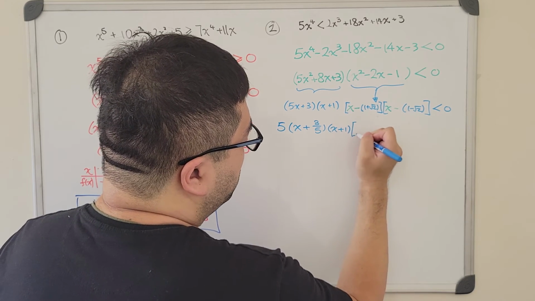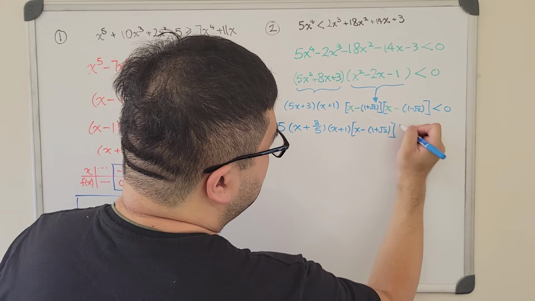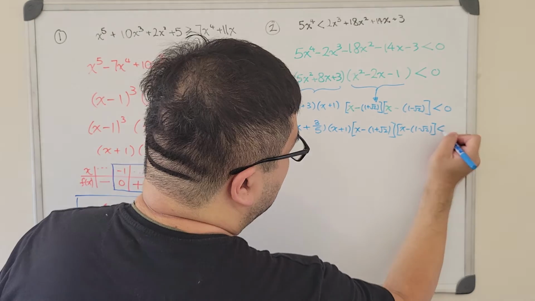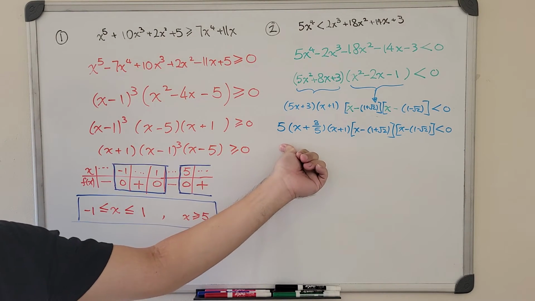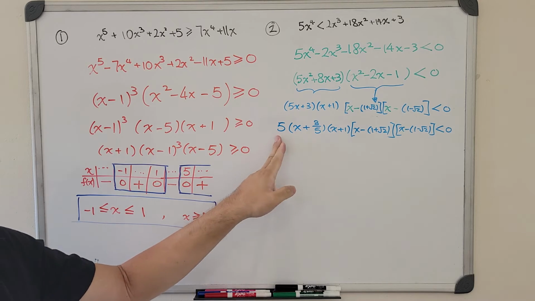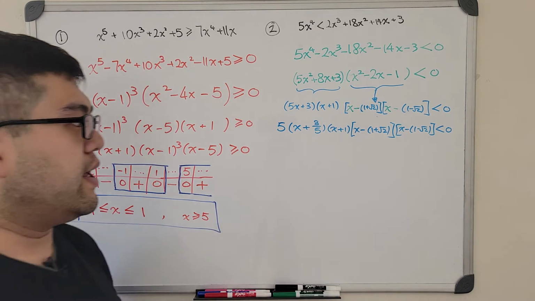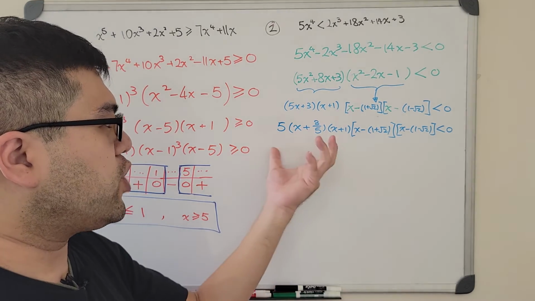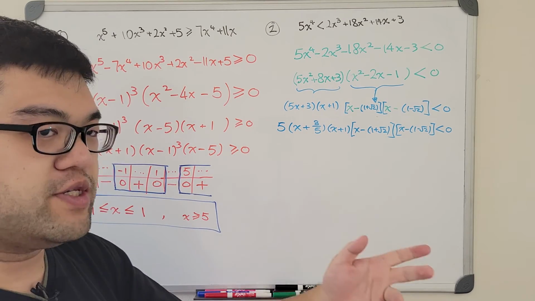And then, of course, we have everything the same, like this. And again, does the 5 matter? Not at all, because we can just divide both sides by 5. 5 is always a constant. It's never going to be equal to 0 in this case. So we can divide both sides by 5. And more importantly, 5 is a positive number.